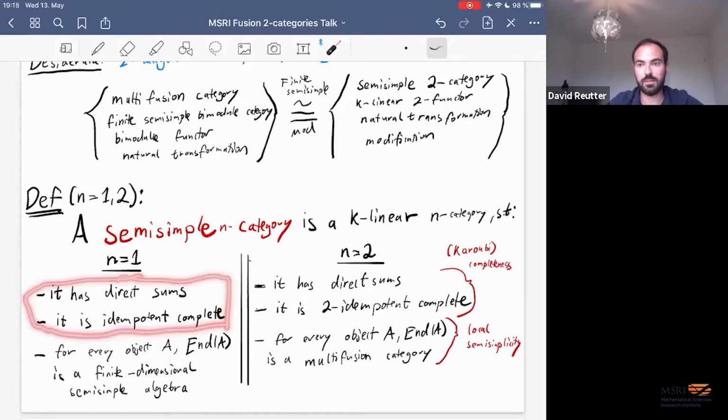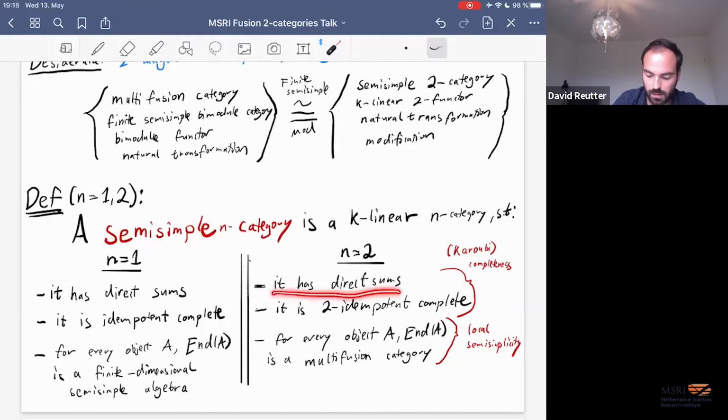This is what turns bimodules into functors. And so we have to aim to understand what these 2 notions are. Direct sums is just the usual way one would define direct sums in a 2-category. I won't comment on this very much. What's more interesting is what this categorification of idempotent completeness is. This is what I'm going to talk about now.